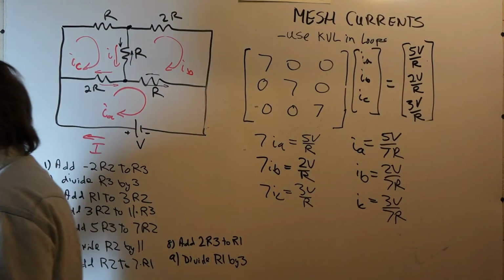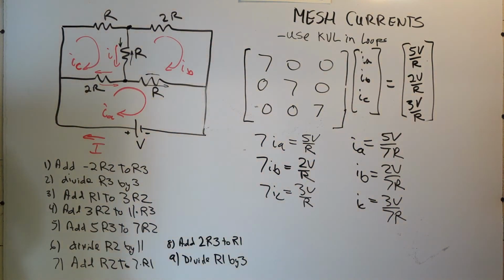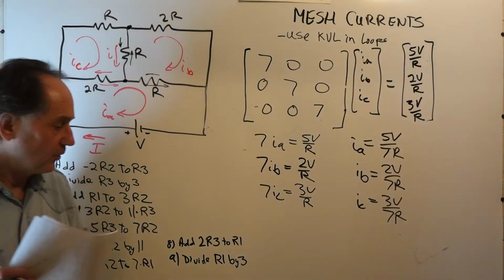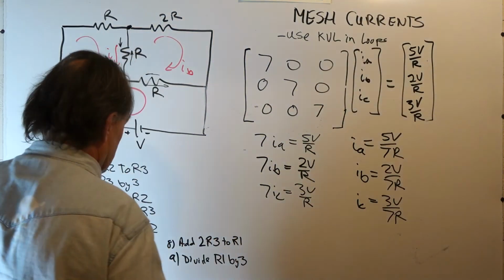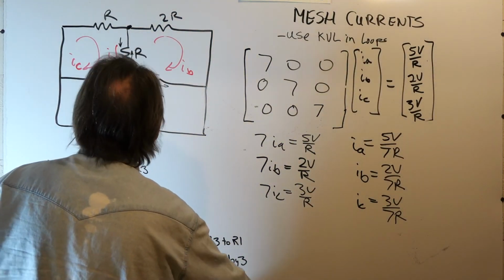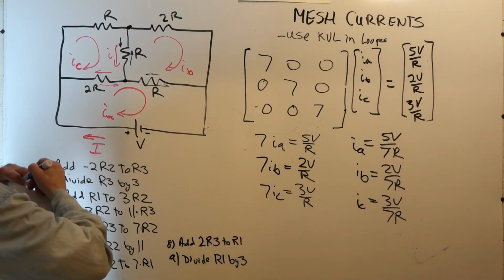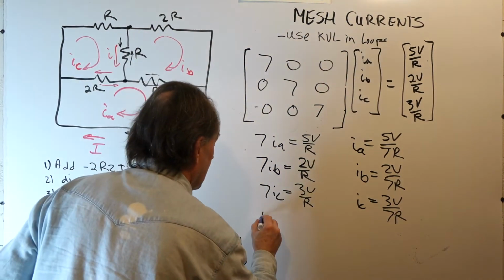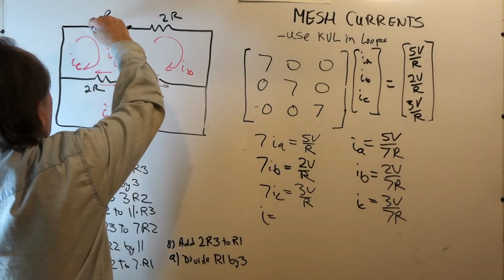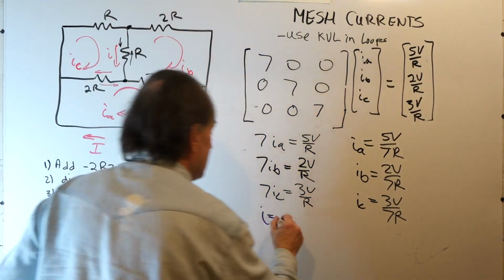Now, these currents will be related to our actual network. If we look here, what is I? I, our little I, is IC minus IB.